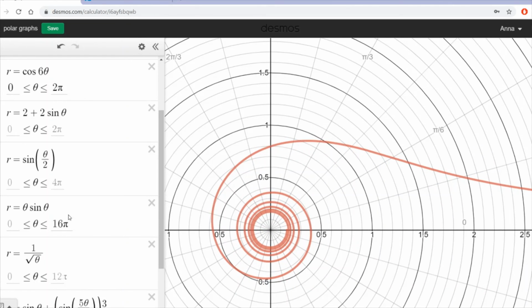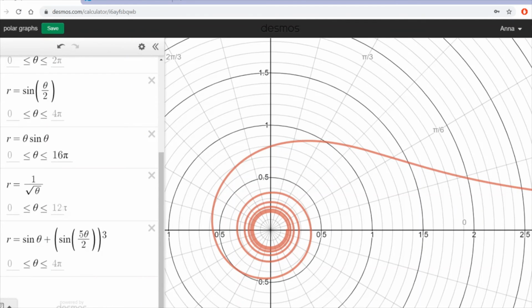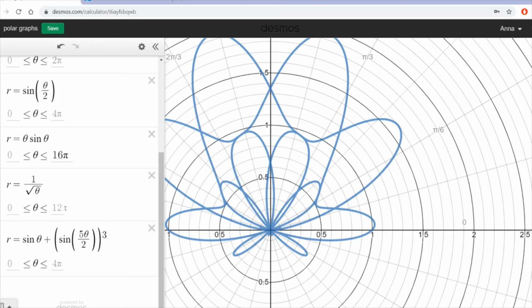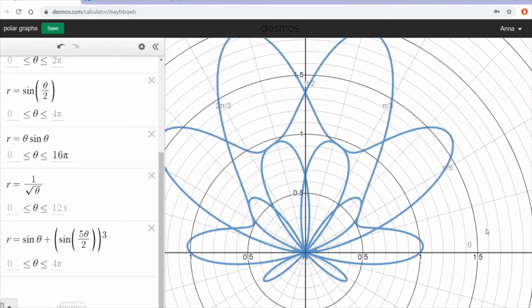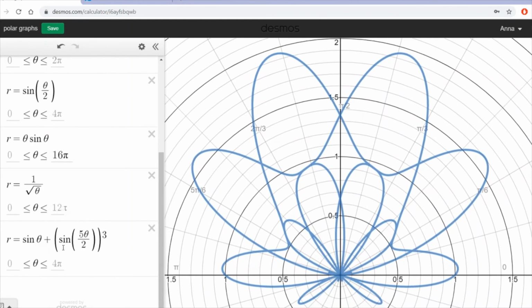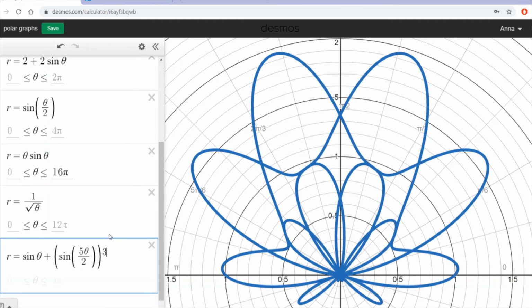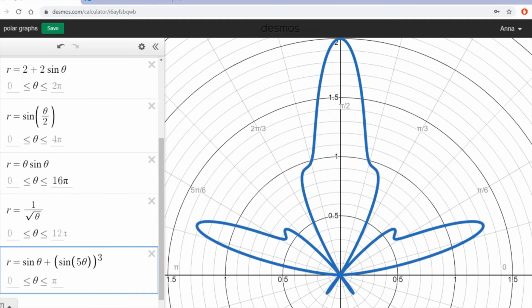That's pretty cool. And then last one I have queued up here is sine of theta plus sine of 5 theta over 2 cubed. And that gives this cool kind of floral thing. But like I said, if you just play around with changing different things in this equation. So maybe if I make this just 5 pi instead of 5 pi over 2, I get something totally different.